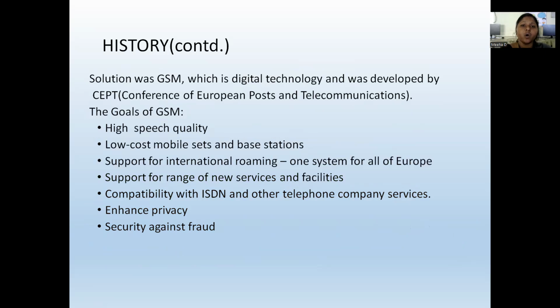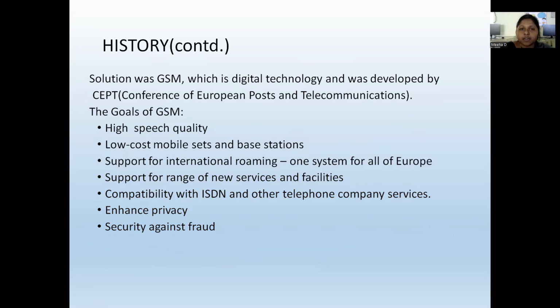So considering all their disadvantages, the solution was GSM, which is a digital technology developed by the Conference of European Post and Telecommunication. Why did we develop GSM? The goals are high speech quality, low cost mobile sets and base stations, and support for international roaming.